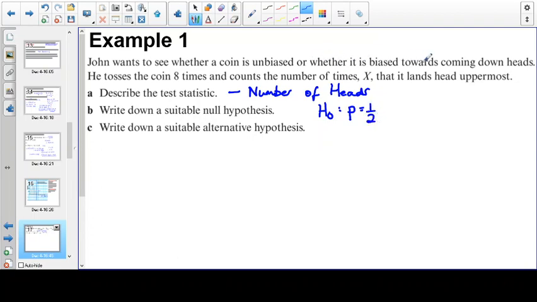But he thinks it's biased towards coming down heads, so he thinks that the probability of getting a head is more than that. So the alternative will be p is greater than a half. When you are setting these up, you've really got to read the words carefully so that you get this right, especially this one.